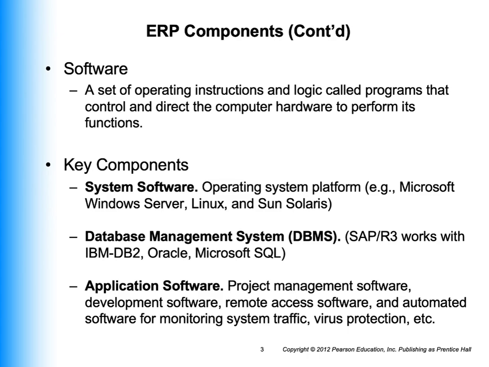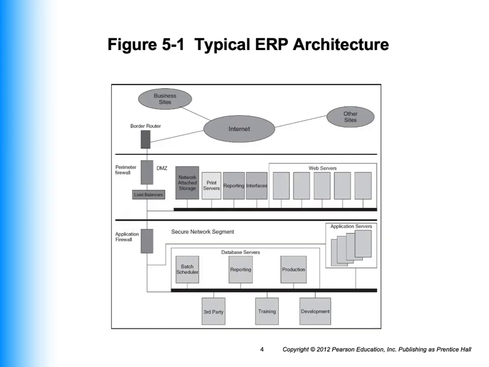So take a look at the architecture of ERP. Here we see we have three levels, with the application level, which consists of the database server, which includes batch schedule, reporting, production. So we have third party training and development, and also the application server here under a secure network.